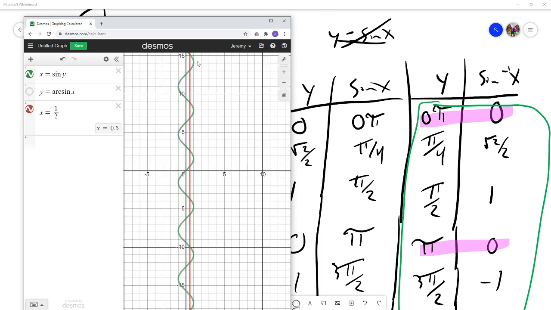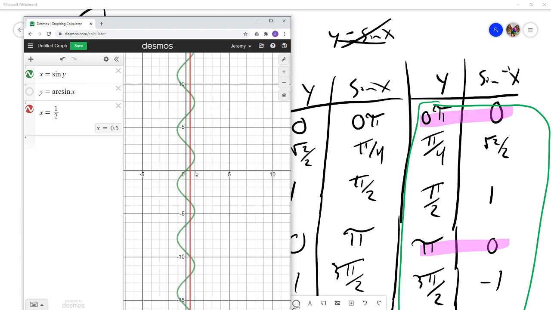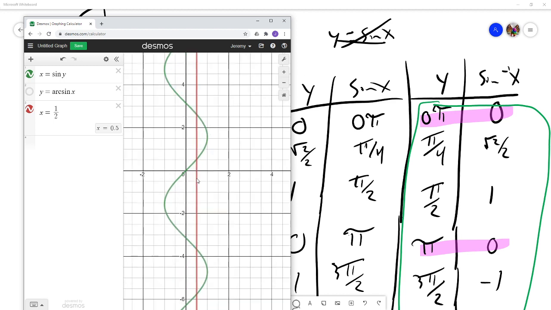All right, so just like we talked about before, this causes a problem when we think about the vertical line test. The vertical line test says if you draw a vertical line, and that line intersects your curve at more than one place, then it cannot be a function. So we have to restrict the range.